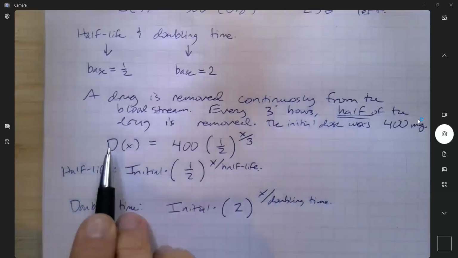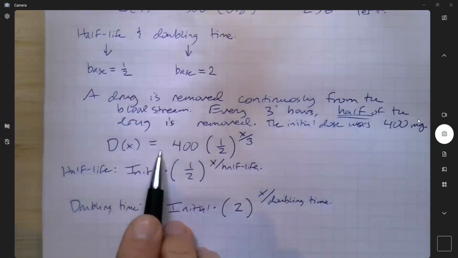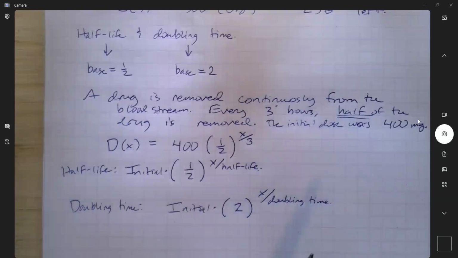All right, let's take this question, the drug being removed and every 3 hours half is gone, and let's find out the continuous rate of change.